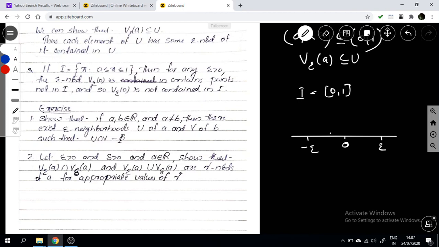That means no epsilon neighborhood of 0 is contained in I.